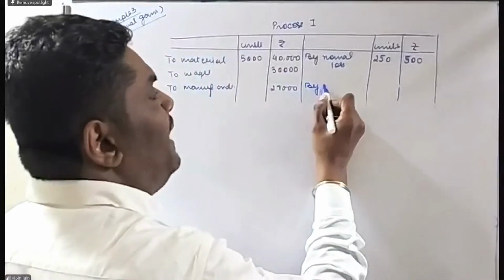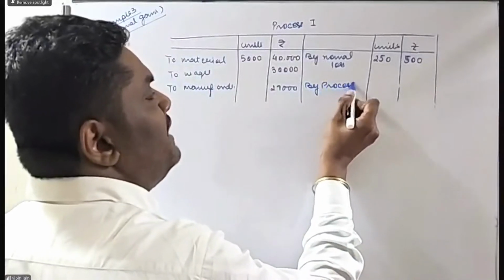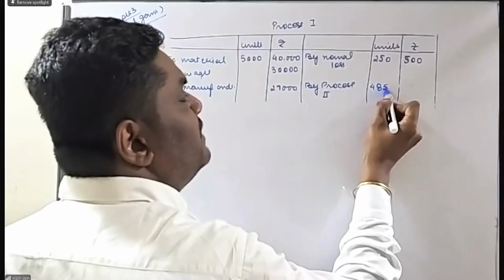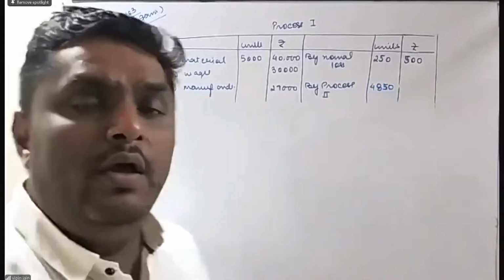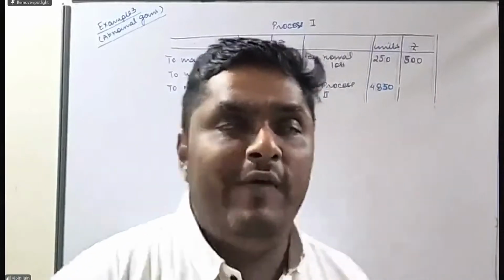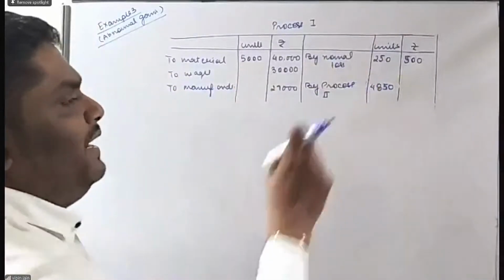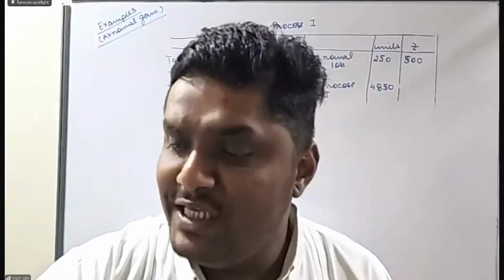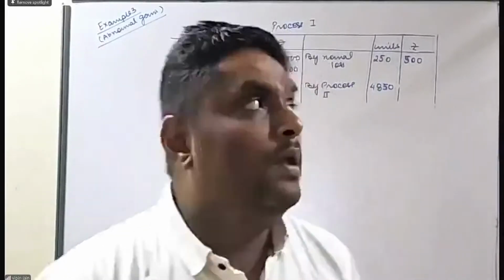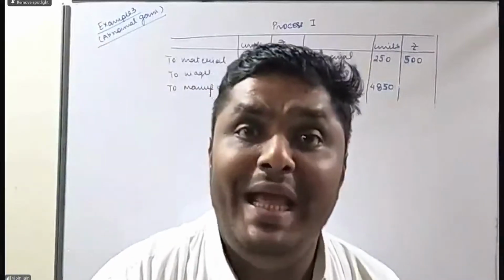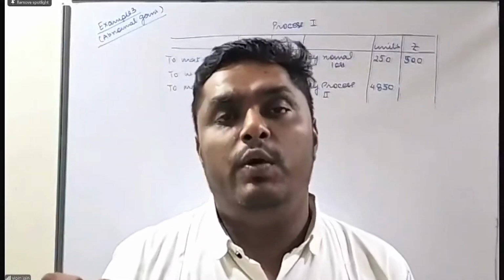So by process second, if my output is 4850. Now guys, very important, I was expecting an output of how much? 5000 minus 250, that is 4750. I was expecting this much output only. But my actual output exceeds my expected output.